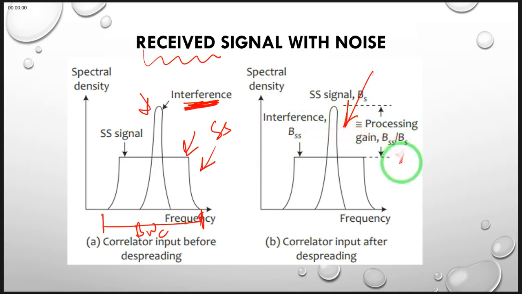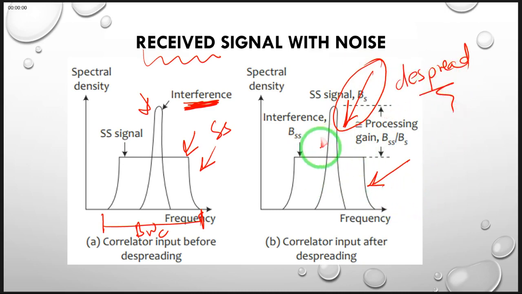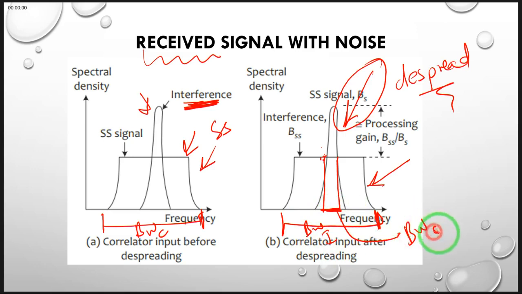In this case, what is spread is the interference, but our original signal that was transmitted is despread. By doing that, what will now follow shortly is that we are going to use a filter, because this is the spectrum of the interference, BWI, and between these two is the spectrum of the signal that you have transmitted.